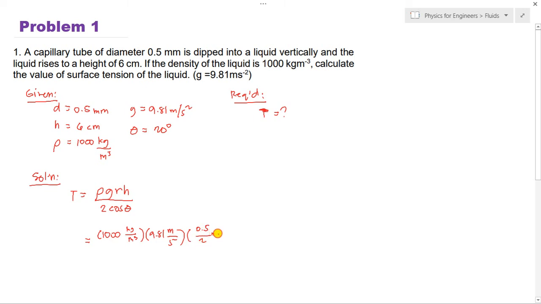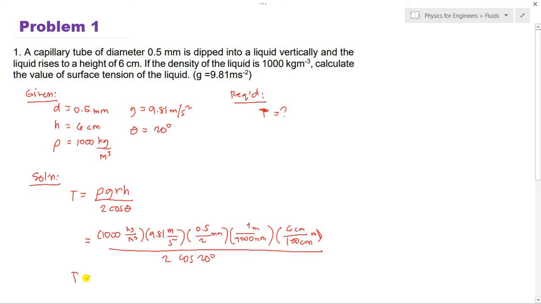Then since this is in mm, we convert it into meters, 1000 mm is 1 meter. The height is 6 cm, so 6 cm divided by 100 cm to get meters, divided by 2, then cosine of 20 degrees. So what is the surface tension?